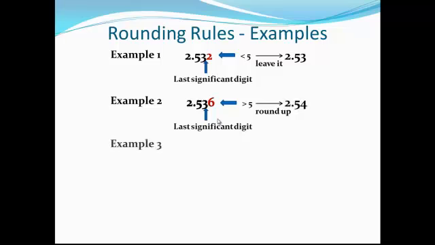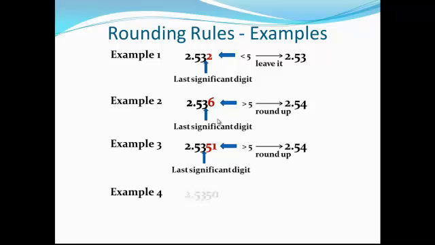Let's take a look at example number 3, 2.5351. Same, the 3 is the last significant digit. You only want to round the 5 and 1 to it. Now you have the 5, but you have 5-1. So 5-1 is regarded as greater than 5-0-0-0-0, right? So it's regarded as greater than 5. You round up, and you get 2.54.